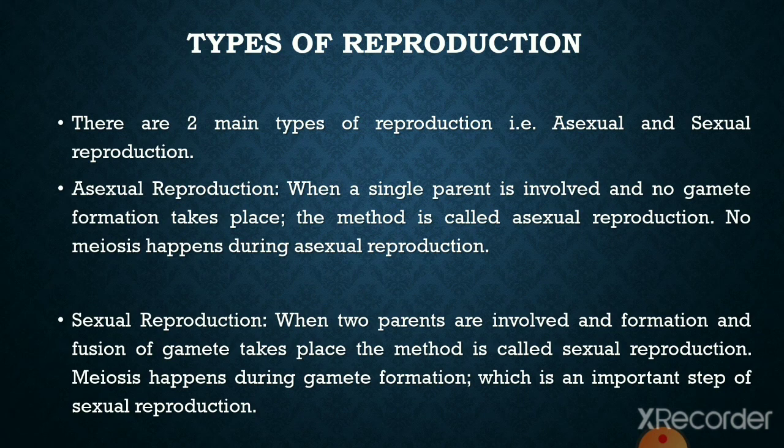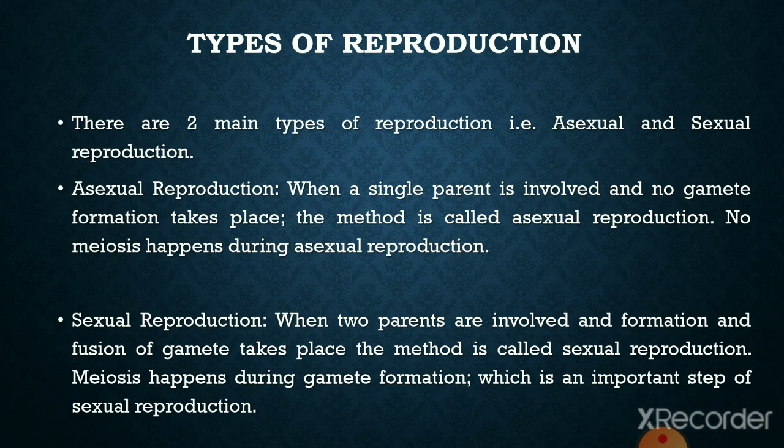Various methods of asexual reproduction are found in members of different groups like Protista, Monera, Plantae, Fungi, and Animalia, such as budding, fragmentation, regeneration, and multiple fission. Sexual reproduction usually involves the formation and fusion of two types of gametes, which may be produced in a single organism or in two different organisms.